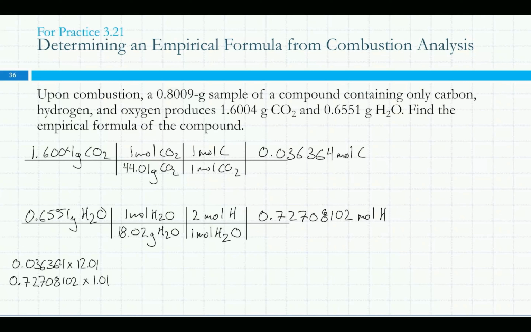And then I'll add those together. So 0.51017 grams. So that mass is the mass that we can account for from hydrogen and carbon. Like I said, 0.51, that's less than 0.8.